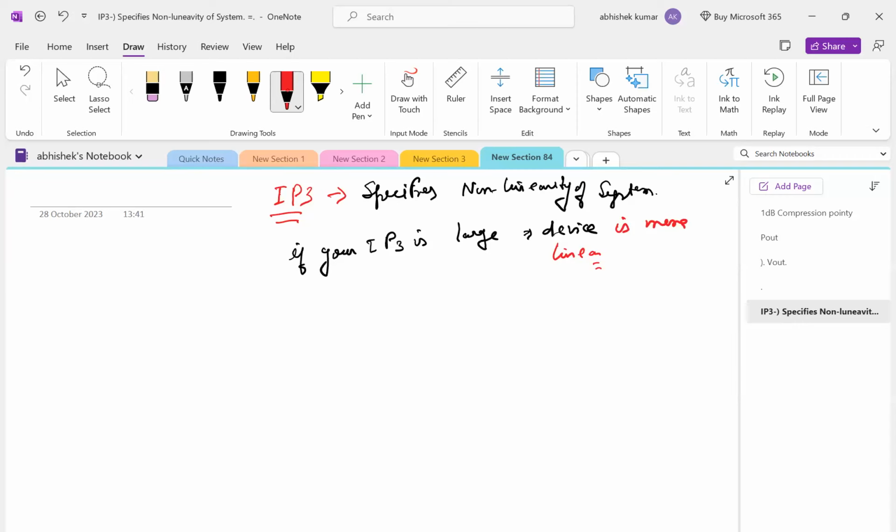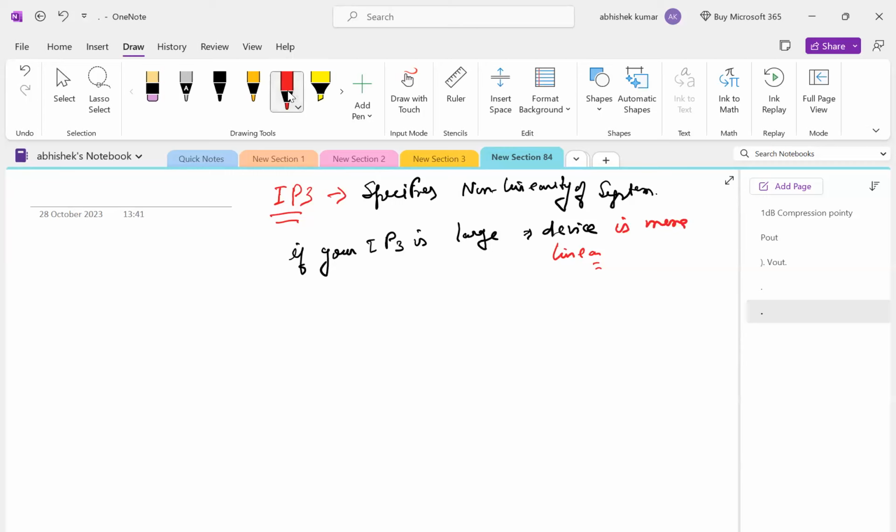If its IP3 is less, then it is not that linear. This characteristic of our system we are measuring using IP3, IIP3, and P1dB, the 1 dB compression point.